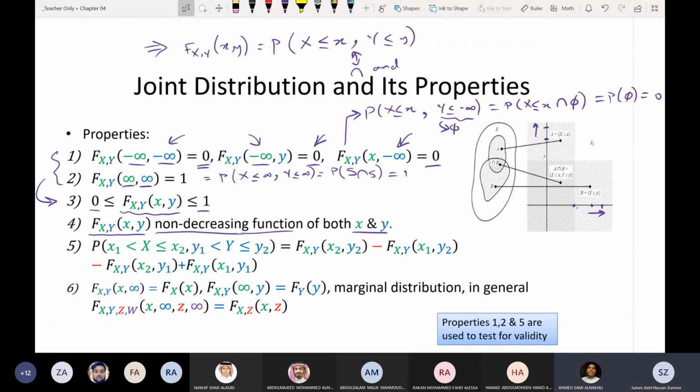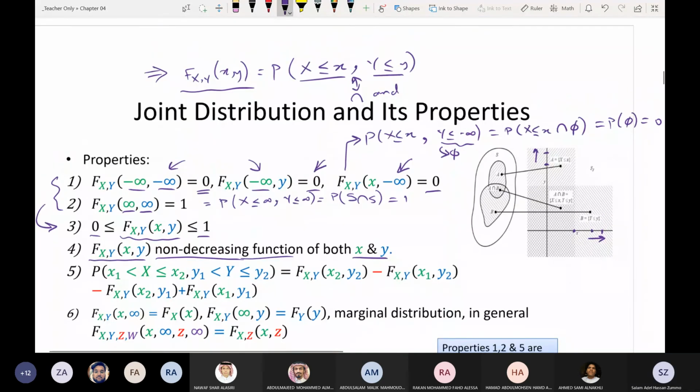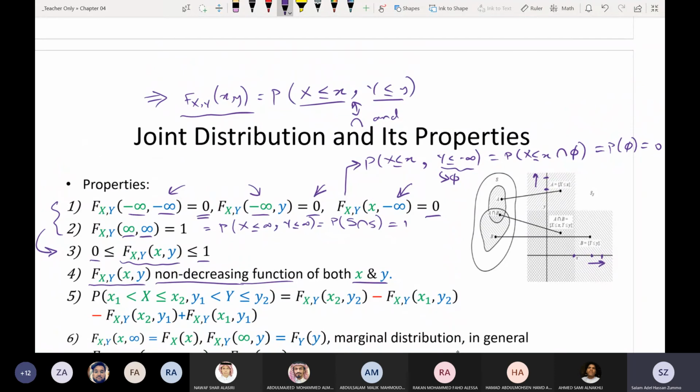Doctor, can you repeat this point? This function, the joint CDF of x and y, is equal to the probability that x is less than a specific x and y is less than a specific y, right? Now, if this is x and this is y, then this is the event I'm interested in the probability of.